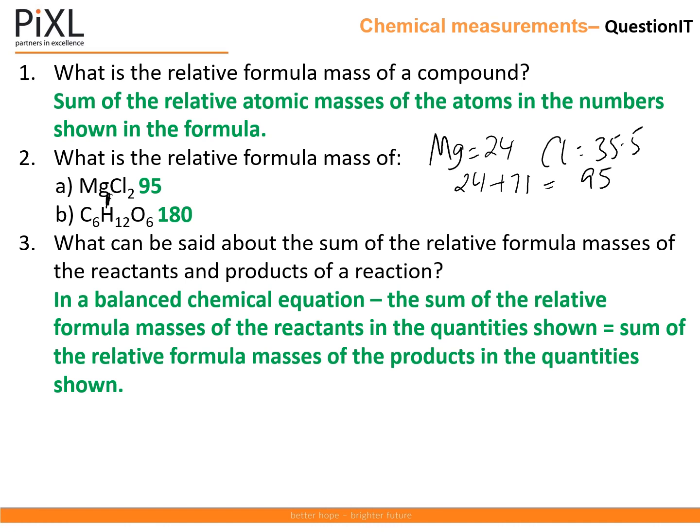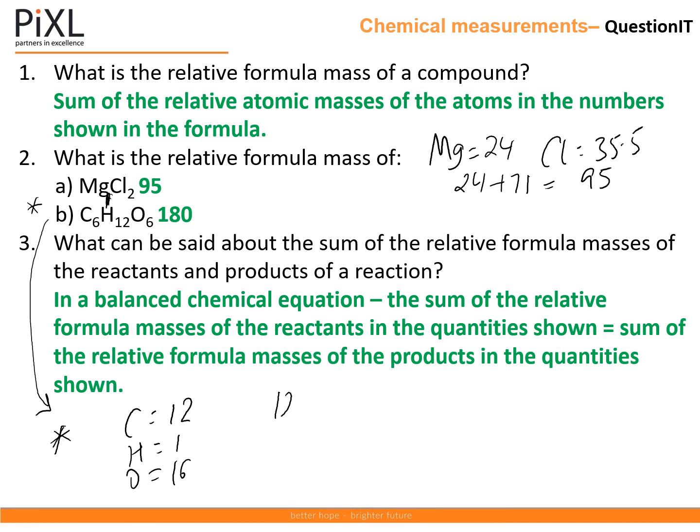Now, in the next example, for the carbon compound, I'm going to do it down here for you, so I can put a little asterisk here and do the calculation. Carbon is 12, hydrogen is 1, and oxygen is 16. These numbers are on your periodic table, and they are the mass numbers for these elements.